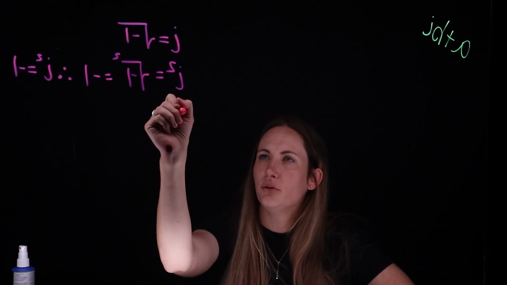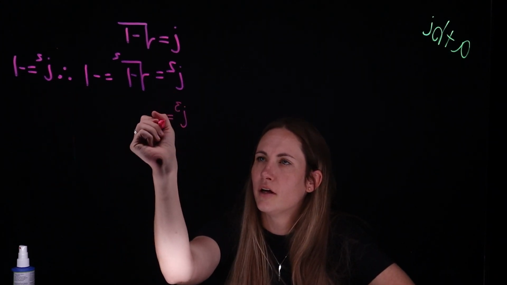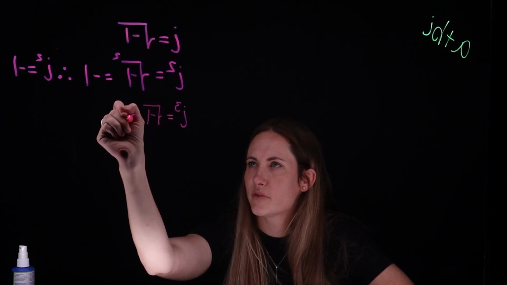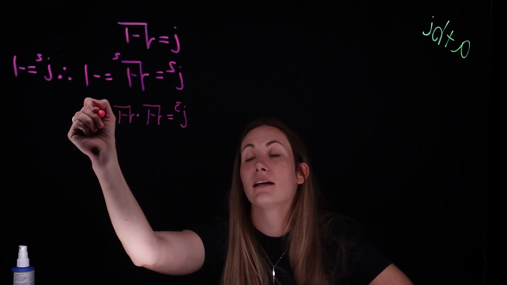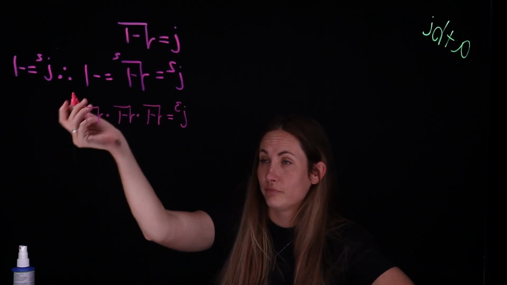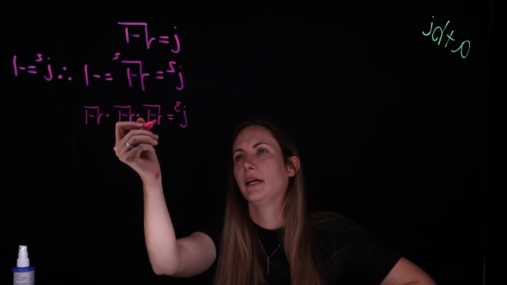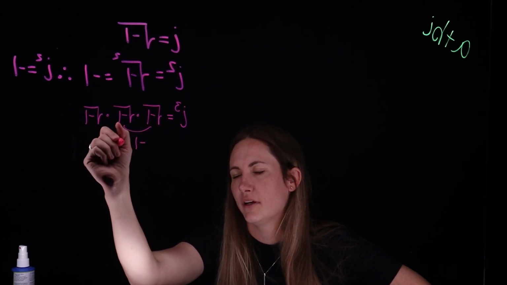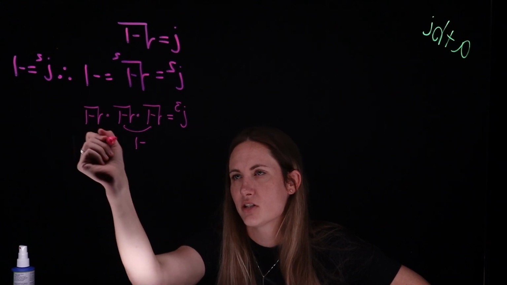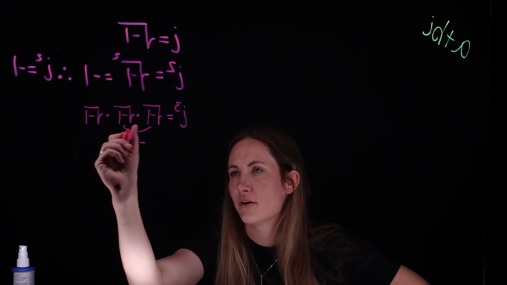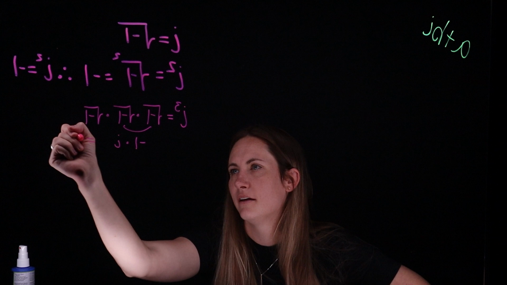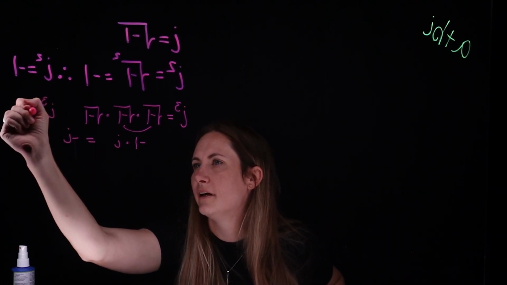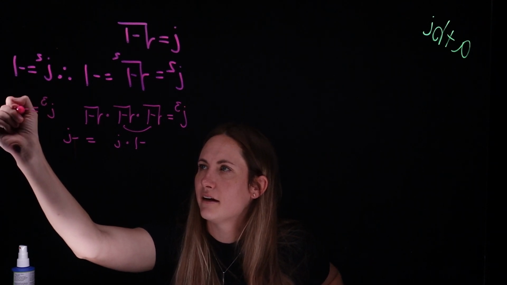There's i cubed, which would be the square root of negative 1 times the square root of negative 1 times the square root of negative 1. Which right here, these two make negative 1, and then this square root of negative 1 here is the definition of i. So I have a negative i. So i cubed is negative i.